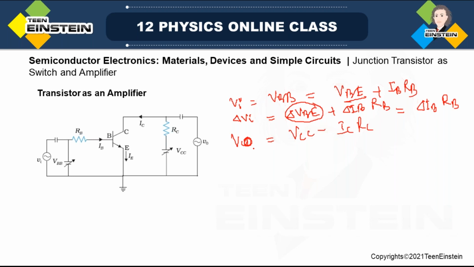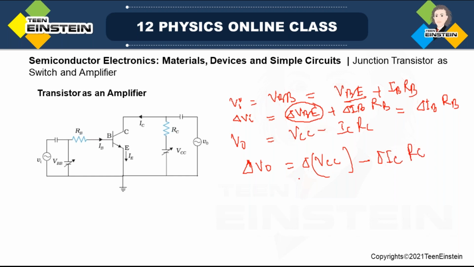Now if we take a small change in the output voltage also, delta V output, oh, this subscript is not 0, this is O. I said it by mistake. So this is delta VCC minus delta IC RC.